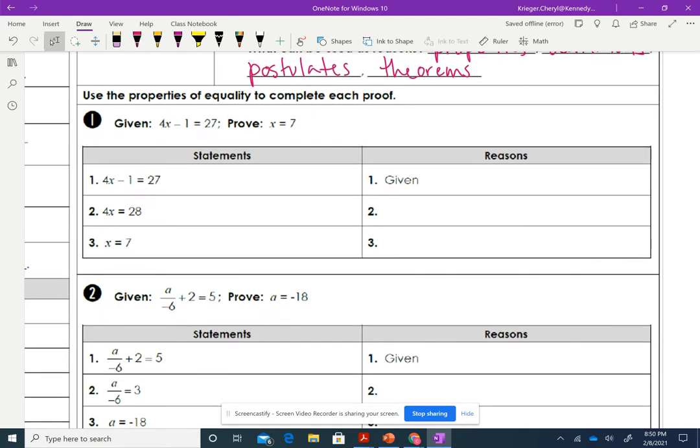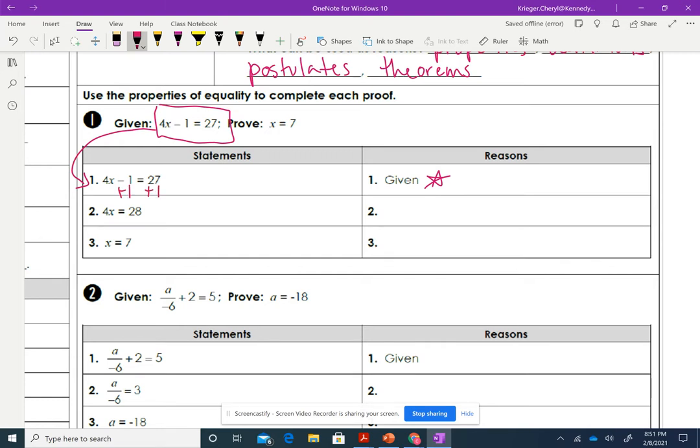So we're given 4x minus 1 equals 27. What's given generally goes in the first spot here, and then what we're trying to prove goes in the last spot. The first thing that we're given, 4x minus 1 equals 27, the reason for that is given. They gave us that. So we're moving from step 1 to step 2. What did they do to get from step 1 to step 2? This one's pretty easy. You can see that they add 1 on both sides.